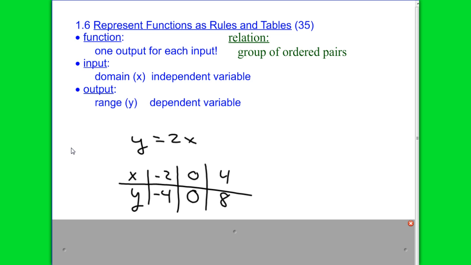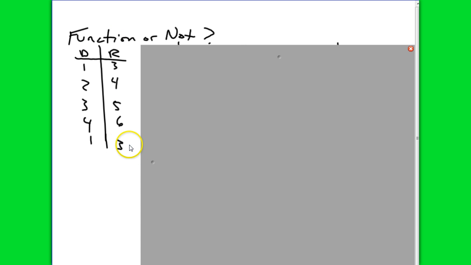Well, the definition again was one output for each input. So the best input to look at to prove this to be a function would be 1 because it was input twice. Now when we put 1 in the function here, we get 3. When we put 1 in the function again, what did we get? 3, that's right. So is this a function? Yes, this is a function.